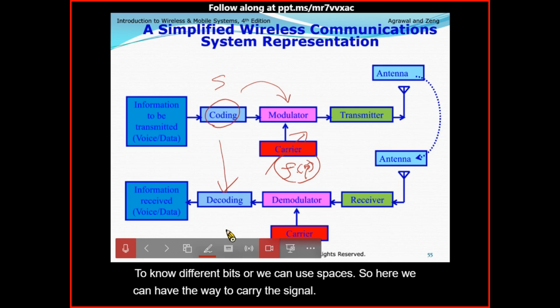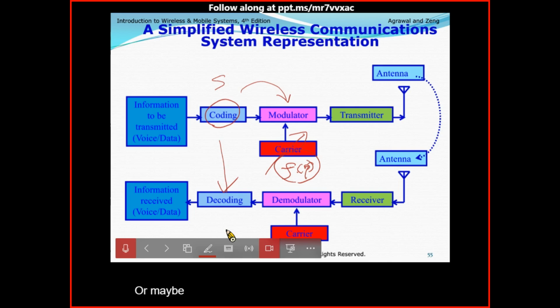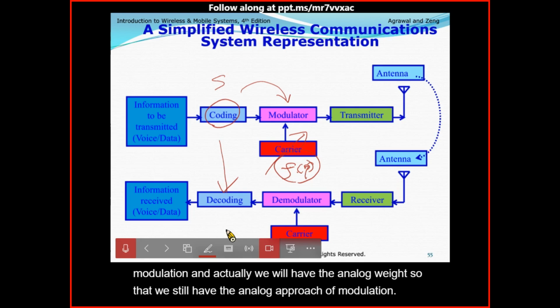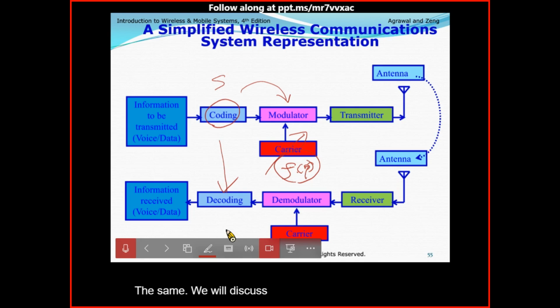Of course we have the digital way to do modulation. Actually, we also have the analog way, so we still have the analog approach of modulation. We will discuss this in future chapters.